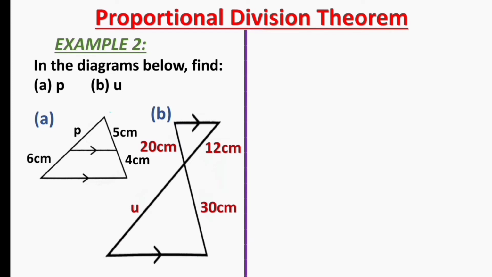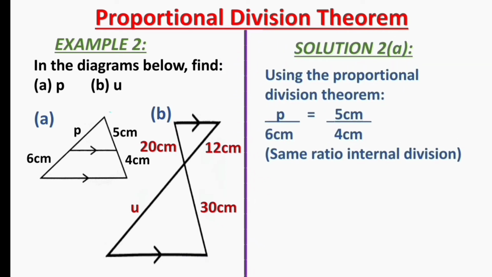Moving on, let's see our second example, which tests the proportional division theorem. Example 2. In the diagrams below, find P and U. Now, can you still remember the formulas associated with the proportional division theorem? Let's see if you can still remember. Looking at a solution for question 2a.